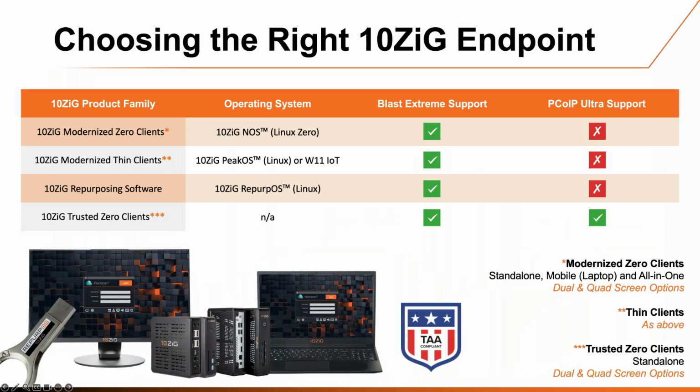Perfect timing too. The decision tree can help determine whether you go Blast Extreme or PC over IP Ultra, and this slide can help determine the type of client available to you. Of course, we're available to assist if you have follow-up questions, and it might be the case that you test multiple of them because you have a variety of different use cases, or, as we saw from the poll, people are not quite sure yet.